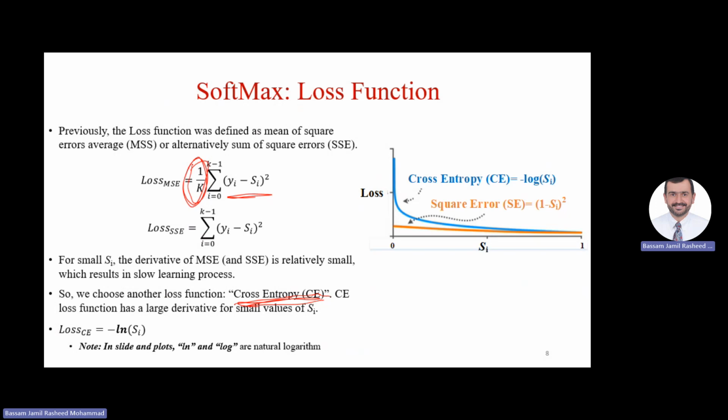If you look at the plot here, you can see for small values of the s's, it drops very quickly to the ideal value. That translates to quicker training. Okay, so the mean square error doesn't mean it's bad and you will not train the machine with it.